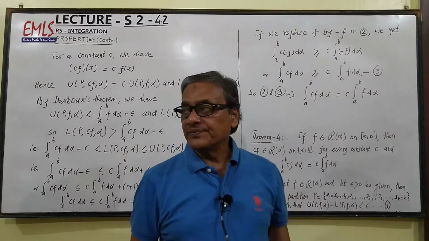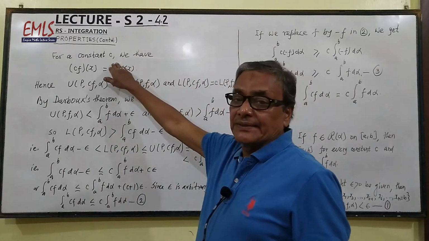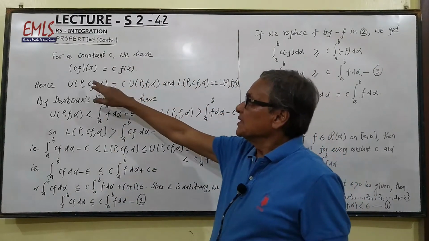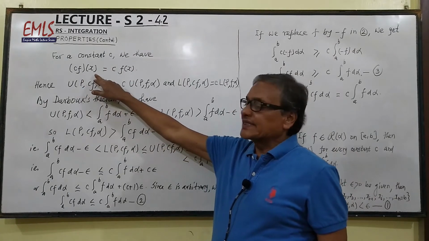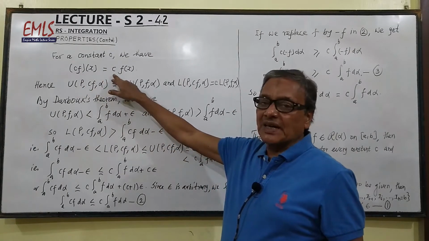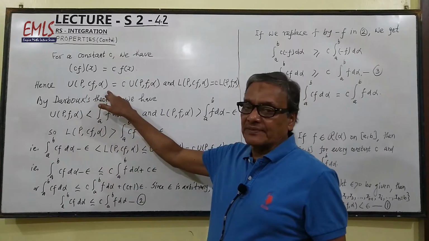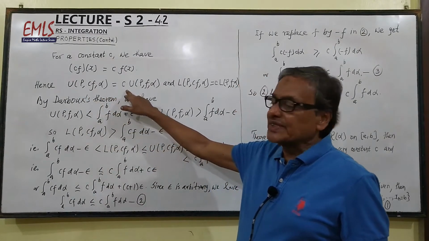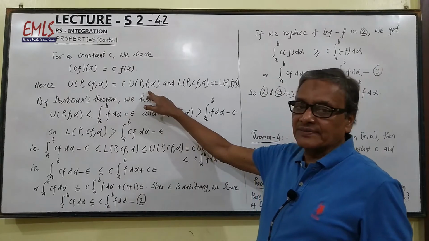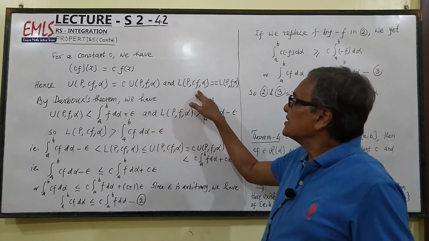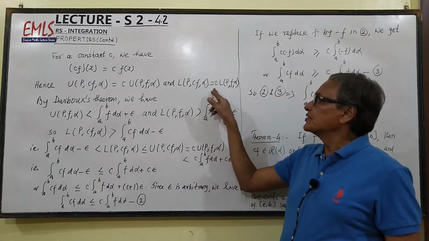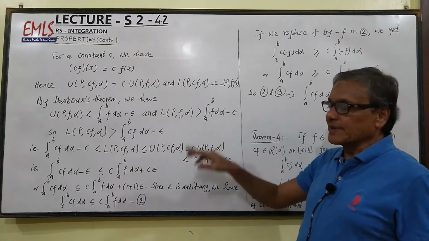Number 1. For a constant c, we have (cf)(x) equal to c times f(x). Hence U(P, cf, alpha) will be equal to c times U(P, f, alpha), and L(P, cf, alpha) will be equal to c times L(P, f, alpha).